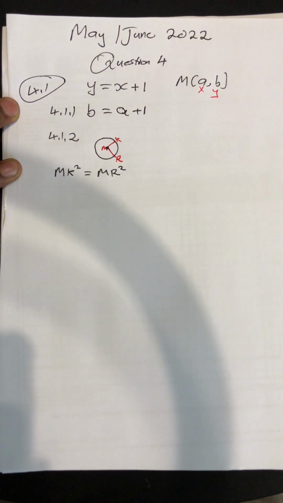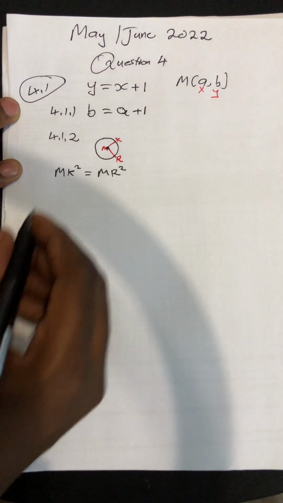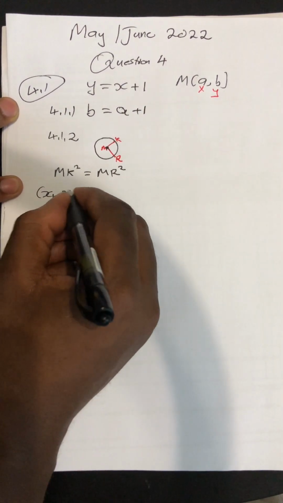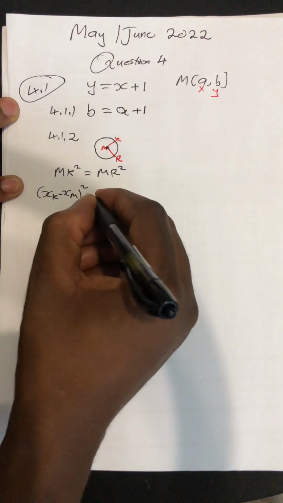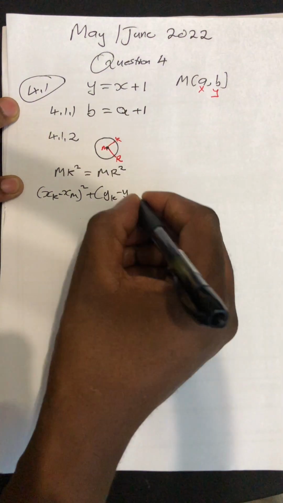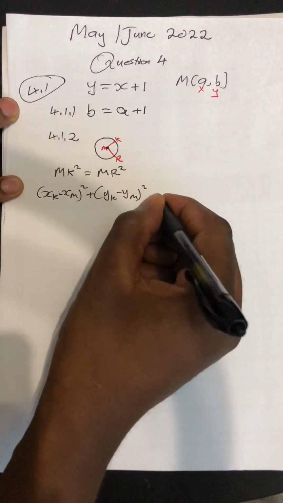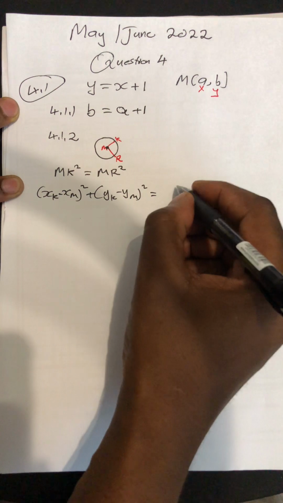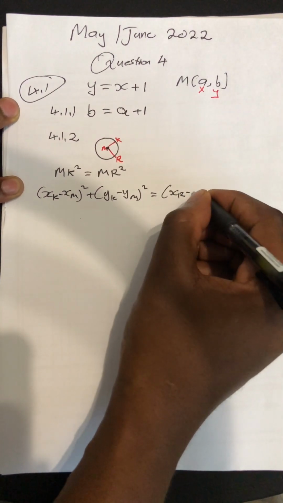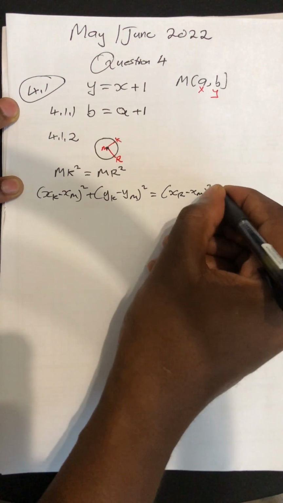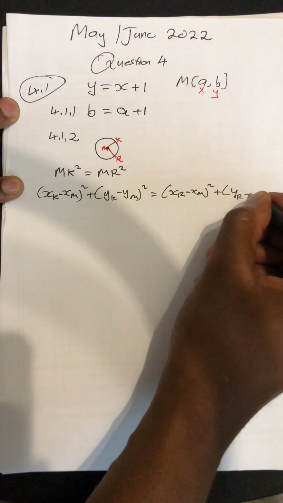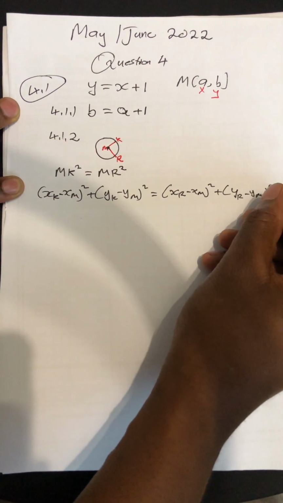So we have (xk minus xm) squared plus (yk minus ym) squared, which is equal to (xr minus xm) squared plus (yr minus ym) squared.